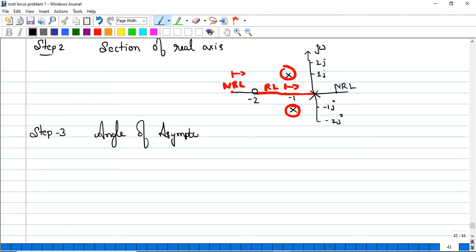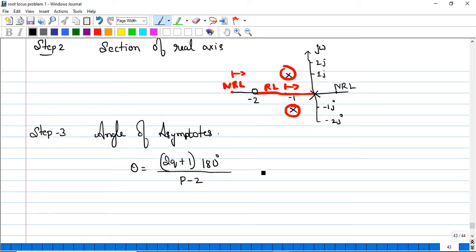In order to identify the angle of asymptotes, we have a formula. Theta is equal to (2q plus 1) multiplied by 180 degrees, whole divided by p minus z.